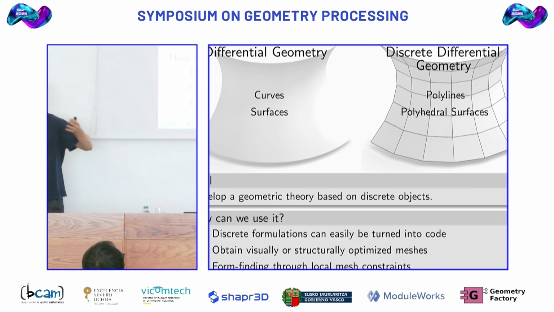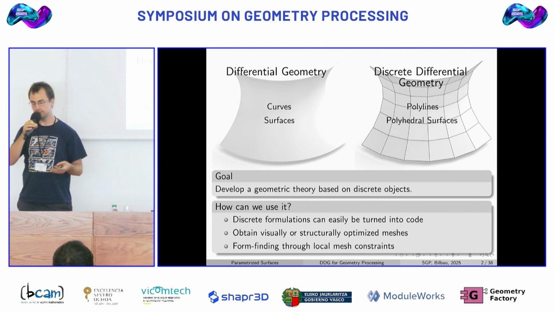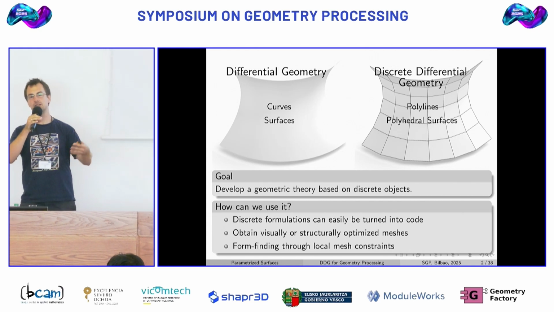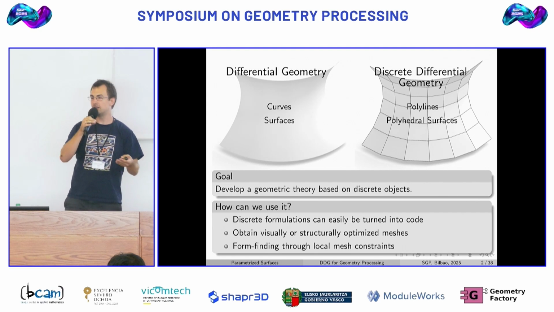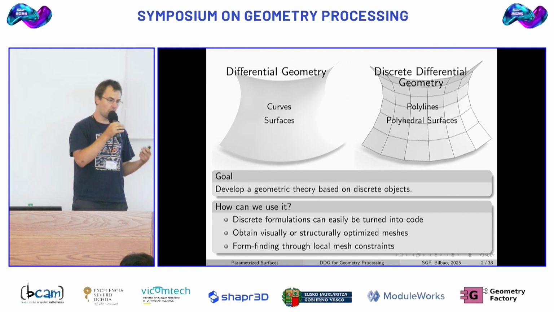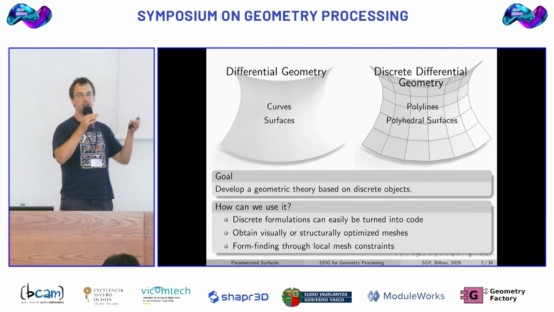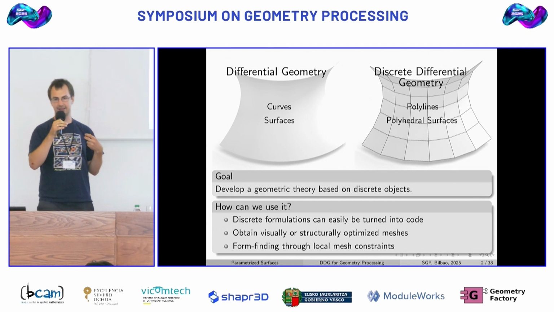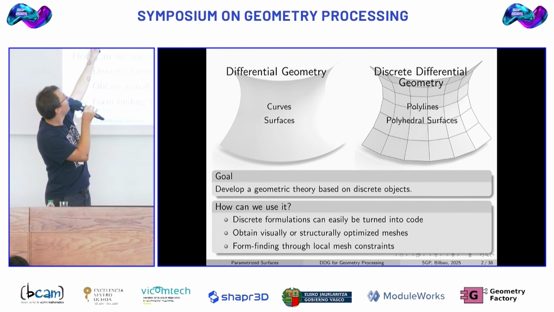And why should we care about that? Personally, I care about it because I think it's a very beautiful mathematical theory. But today we want to convince you that it can also be very useful. For example, if your discrete formulation, if your theory is already based on meshes, then this is very easily turned into computer code. Or say if you are looking for meshes with certain features that are geometrically pleasing or have good structural properties, then it can be very useful to understand how these meshes relate to curves in differential geometry.